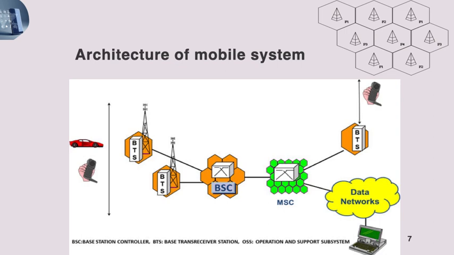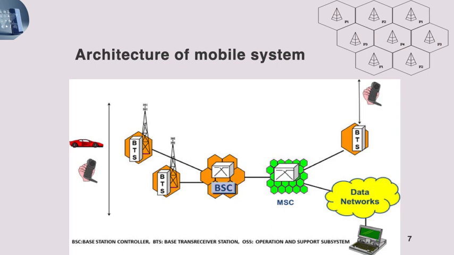In that particular case, there is another module known as mobile switching center. So a mobile switching center is a core part of the GSM or CDMA network system. It is a control center of a network switching center. So here data transfer, data communication or internet communication takes place.